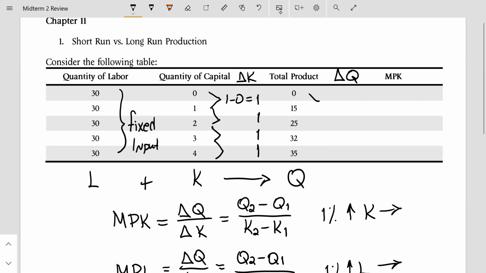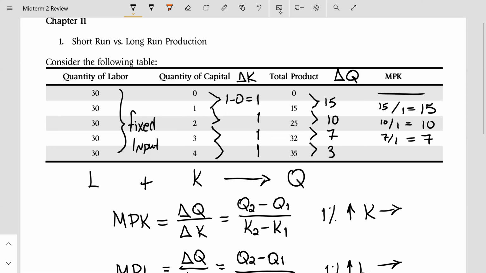Our change in quantity is 15, 10, 7, and 3. So then there's no comparison on the first row. So you'll take your 15, divide by 1 to get 15. Next is 10 over 1, which is 10. And so forth.